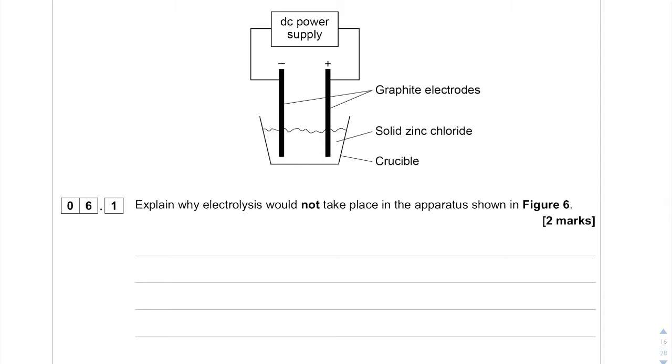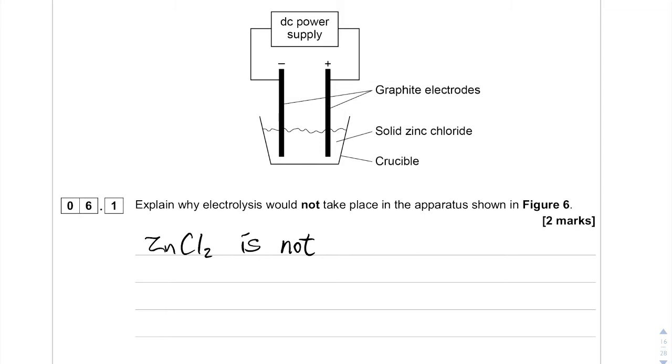Electrolysis requires a flow of ions, and in solid zinc chloride there isn't any free-flowing charge to carry the current. To get the 2 marks, just say zinc chloride. I assume it's the zinc 2+ ion, but in reality you would just write out zinc chloride in English, then they can't really penalize you for making a wrong assumption.